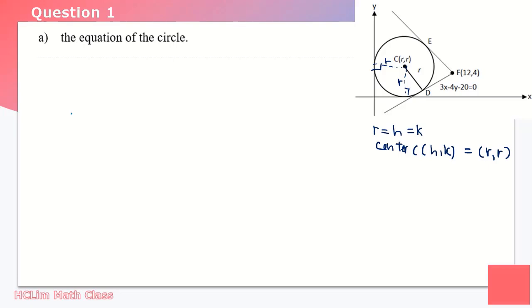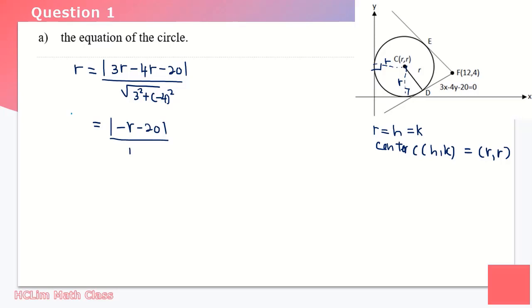After that, we are going to find r. By using the perpendicular distance, r is equivalent to the absolute value of (3r minus 4r minus 20) divided by the square root of 3 squared plus (minus 4) squared. So we have the absolute value of (minus r minus 20) divided by 5, which is equivalent to r.